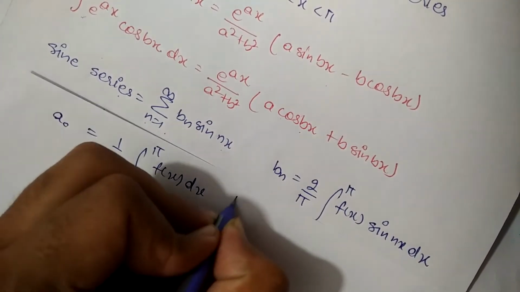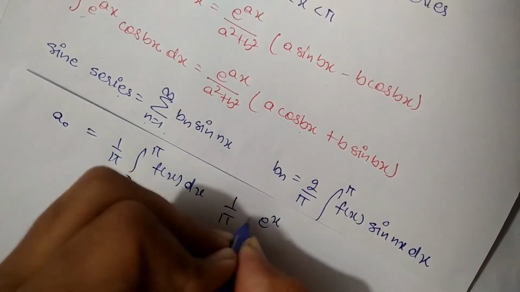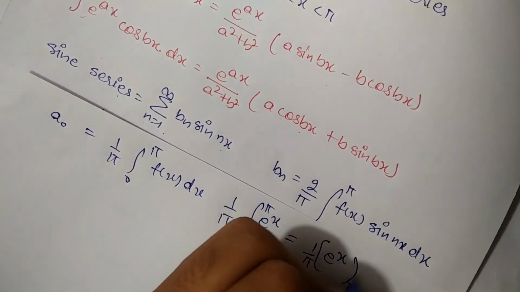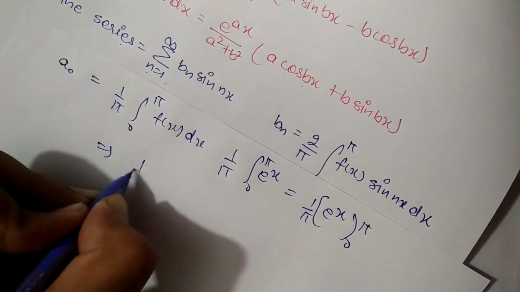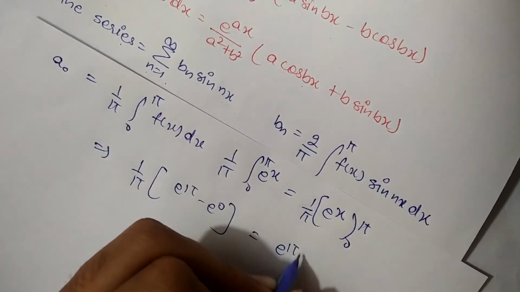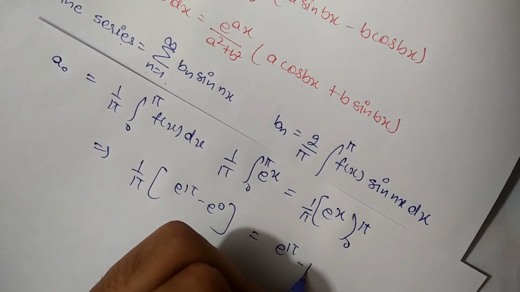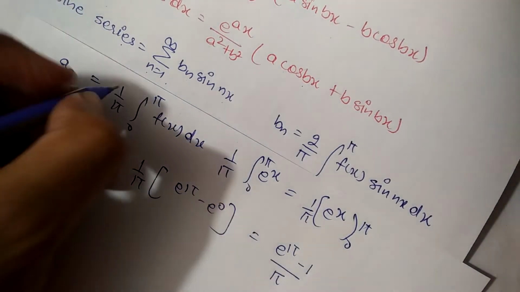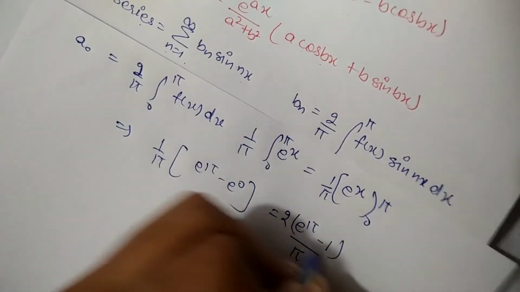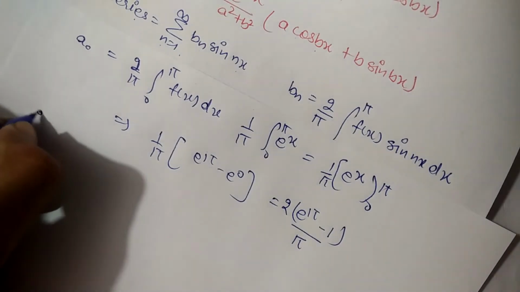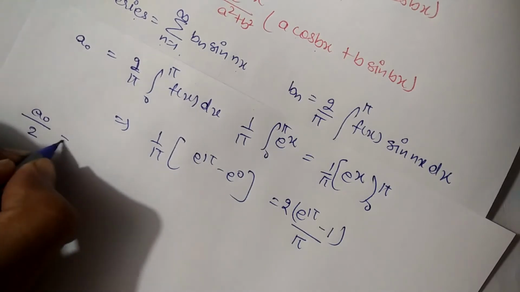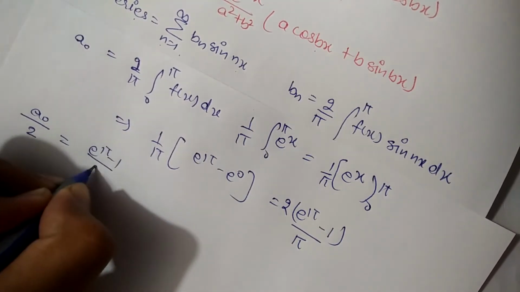So integrating e^x from 0 to pi will be e^x only, and 1 by pi I will multiply with that, and putting the limits from 0 to pi we get 1 by pi into (e^pi minus e^0). So this value will turn into (e^pi minus 1) divided by pi only. Sorry, the value of a naught by 2 will be (e^pi minus 1) divided by pi only.